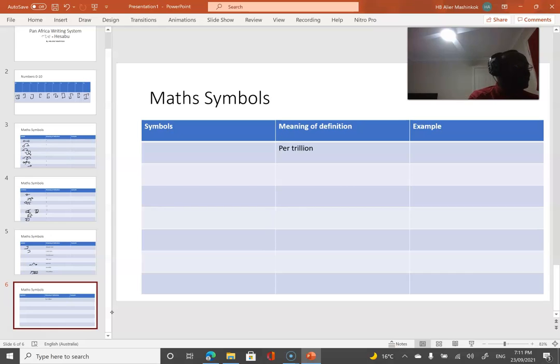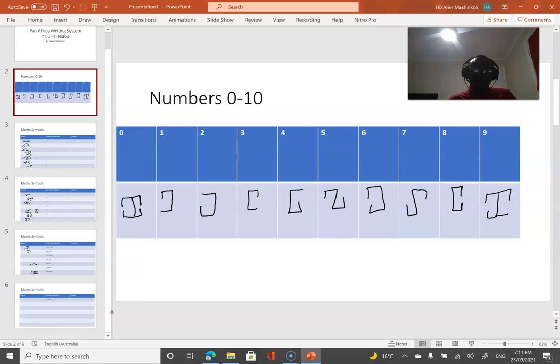This is the main part of the Pan-African writing system, and I hope you enjoy it. If you have any questions, you can just let me know. But these are the main things that you need to know. So the numbers from 0 to 9 are mainly what I use a lot.